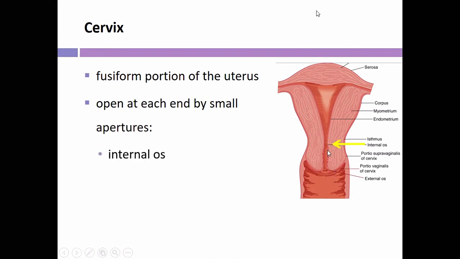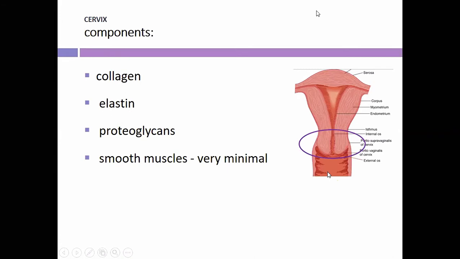And it opens at each end by a small aperture. So there is the internal os and the external os, which you will be talking about much later in the clinics. Now, the cervix is mainly composed of collagen. That's why it can hold the pregnancy normally up to 9 months.